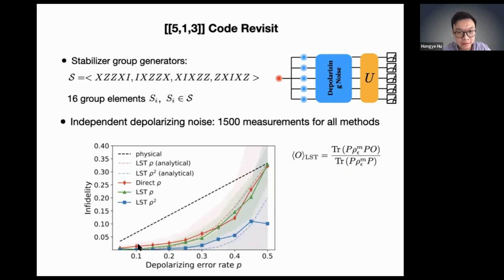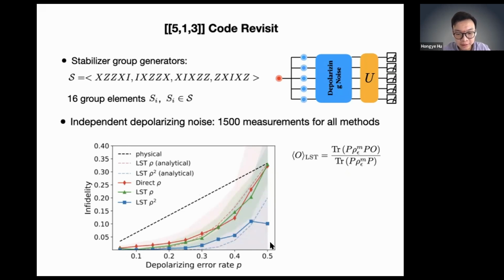As we expected, the infidelity will increase linearly with p. However, with logical shadow tomography with M equal to 1, we have this dashed line. In the small p region, the infidelity will scale as p to the third power.